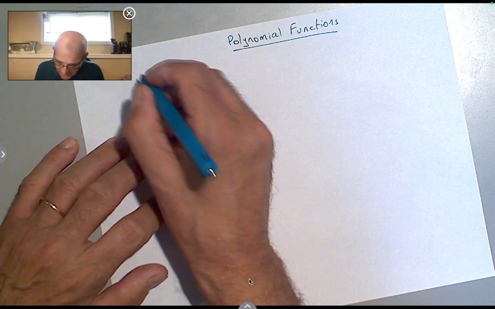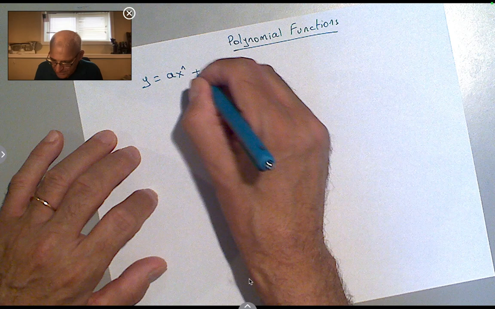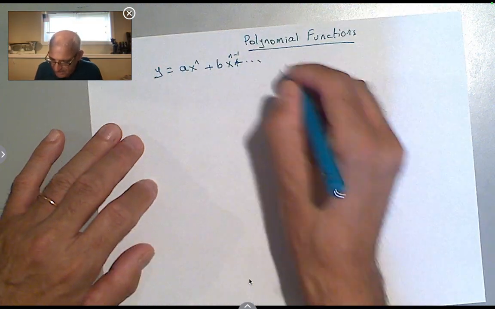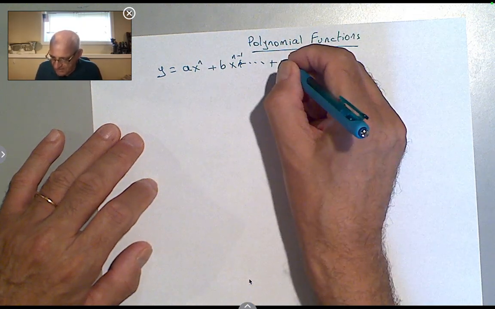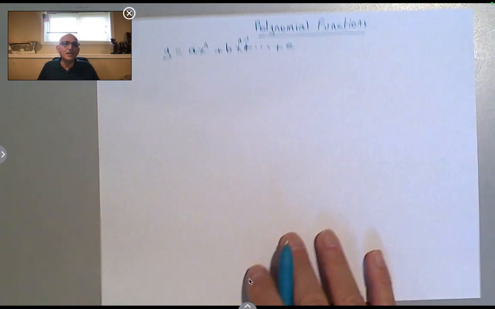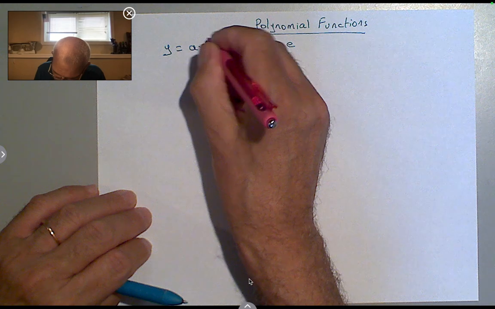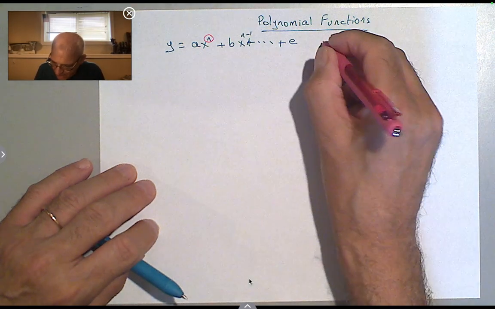So I can write it as y equals ax^n plus bx^(n-1) plus, and so on, depending on how many terms I end up with, the letter, let's say, plus e. Now, we call n here the degree of the polynomial.